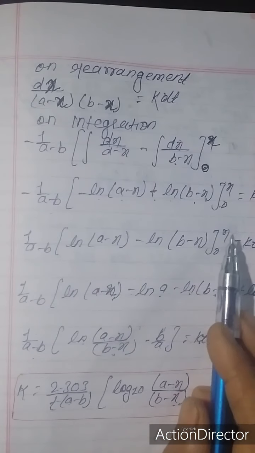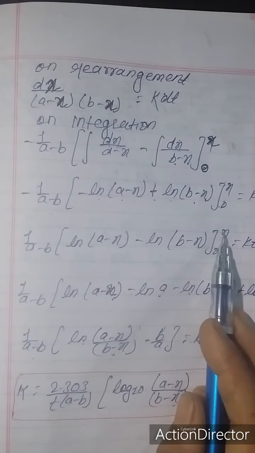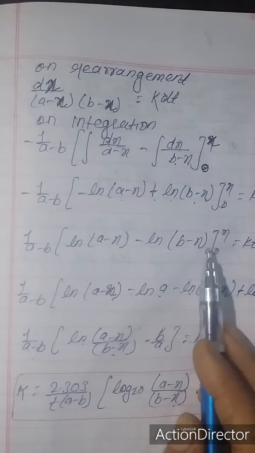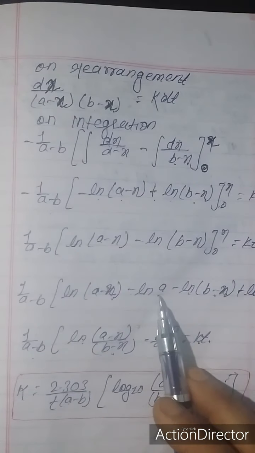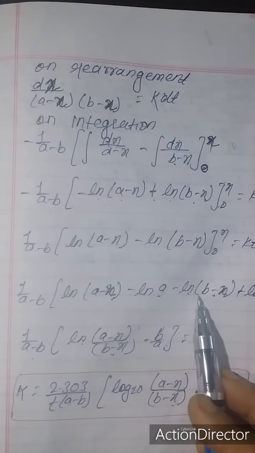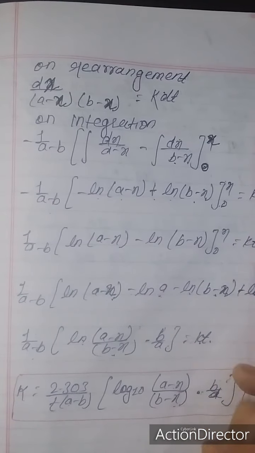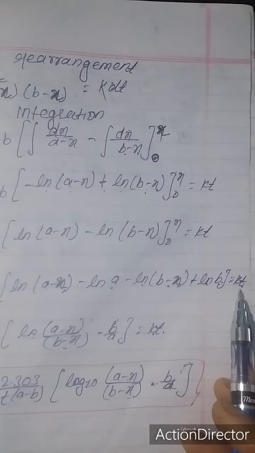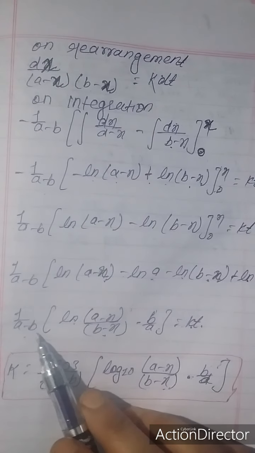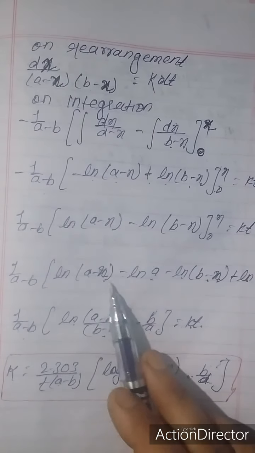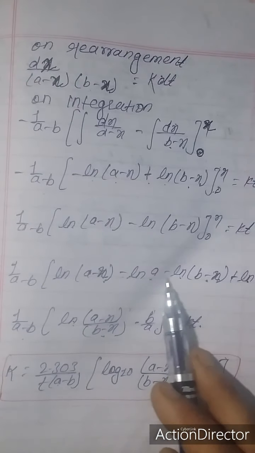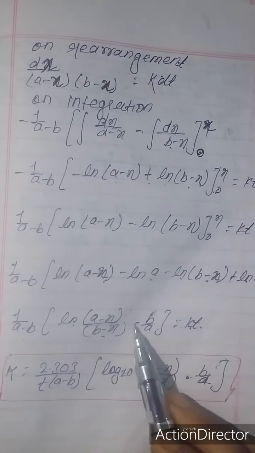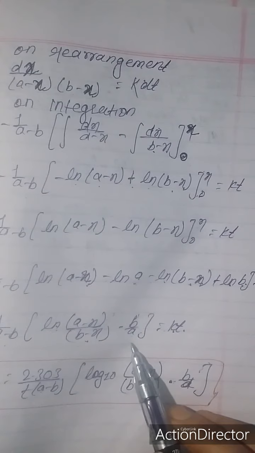Now we are taking the limits. First I have taken the limit x, and second I am taking the limit 0. So a minus 0 will be a, minus log b minus x, and then b minus 0 will be b. That will be equal to kt. So it will be equal to 1 upon a upon b is equal to natural log a minus x, and since a negative sign is there, b minus x minus b upon a.